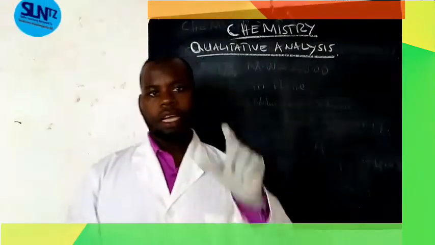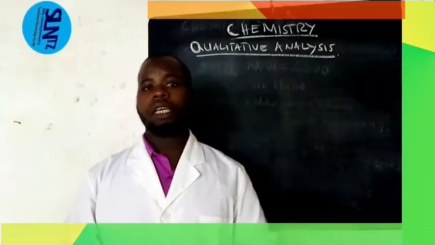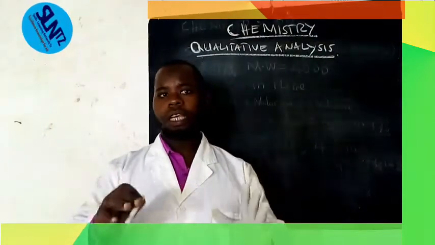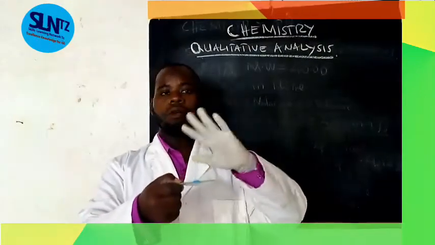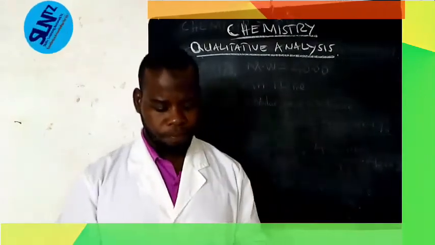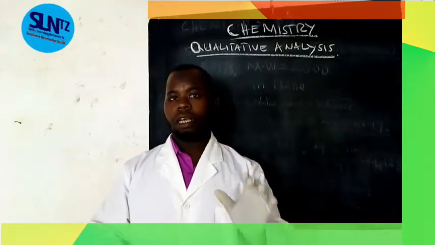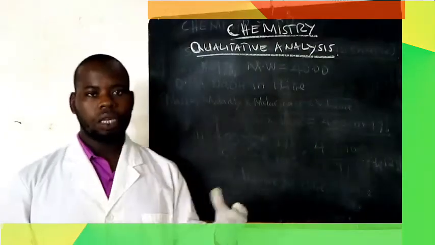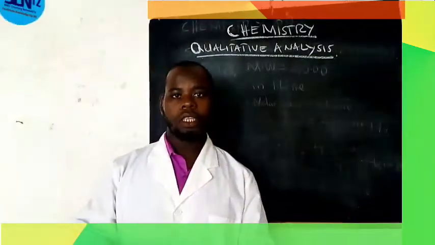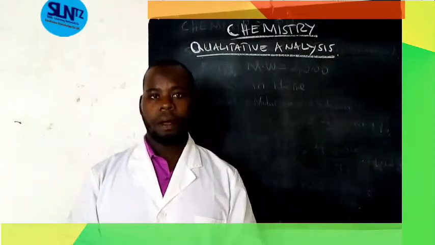In preliminary testing, we use a solid sample during our testing, without mixing with water. But in testing solution, you have to dissolve the sample first, and then use reagents to perform another test or procedure.